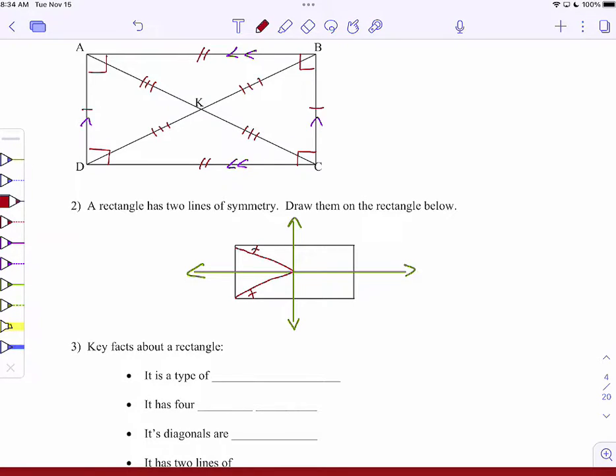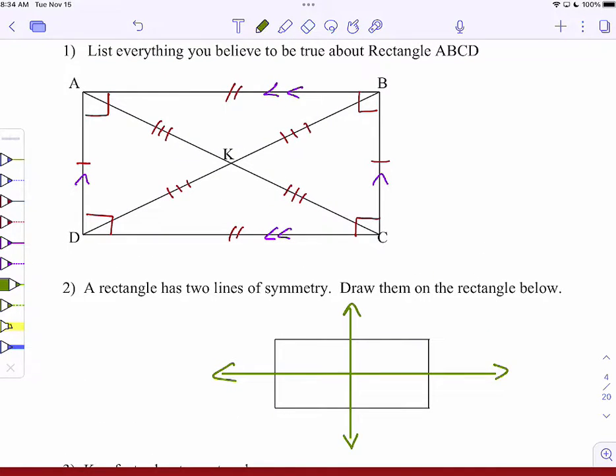You don't have to draw those on yours, but you can just imagine if I flipped it, those would be equal. So there's a lot of equal angles in this diagram. You know what? Let's mark them. Let's mark the angles. Why not? So this angle is equal to this one, and this one, and this one.